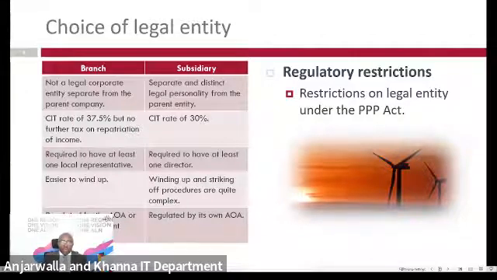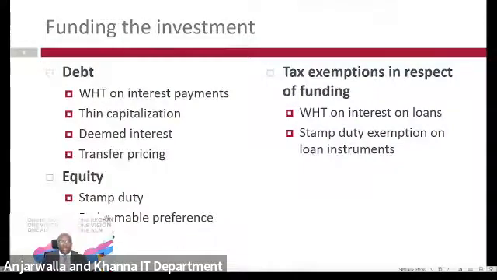Now, moving on to the next slide, where we'll be looking at funding. For any of these large projects, funding is always one of the biggest considerations. And at this point, we are assuming an entity has been set up in Kenya. In this case, assuming it's a PPP project, we have incorporated a Kenyan company that will be used to undertake the project.